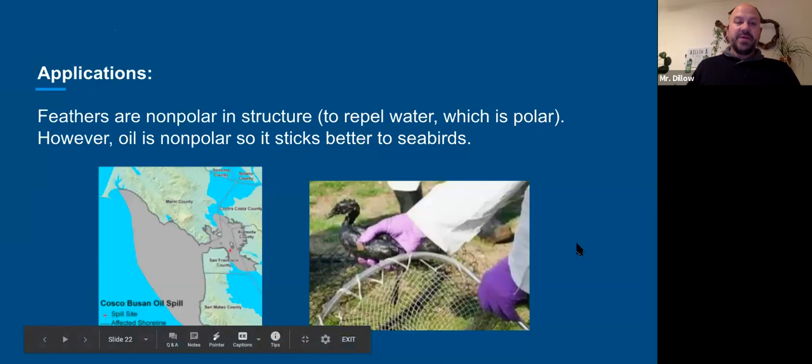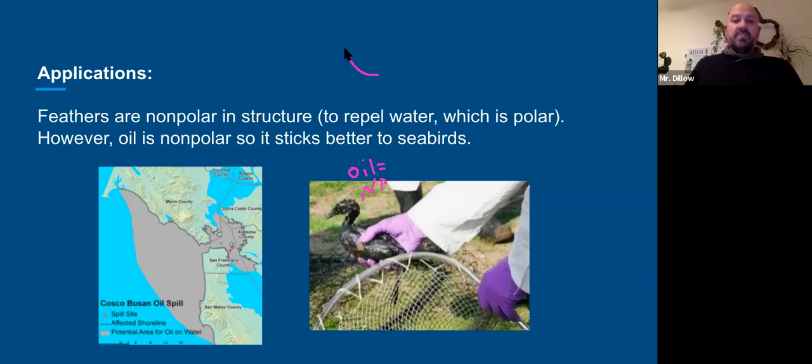What's another application? We looked at this application. Since oil is non-polar, think about a bird. Birds are able to travel in the ocean because their feathers are specially designed to keep them from getting wet.